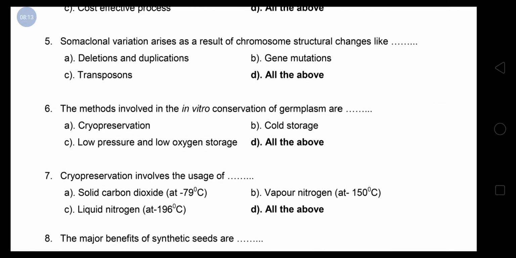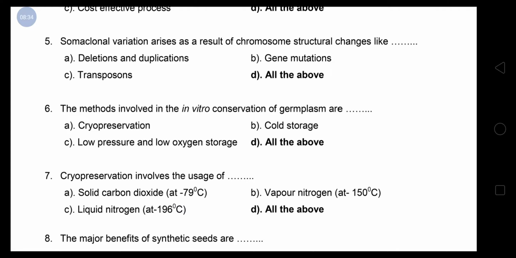Somaclonal variation arises as a result of chromosome structural changes like deletions and duplications, gene mutations, and transposons. Methods involved in the in vitro conservation of germplasm are cryopreservation, cold storage, and low pressure and low oxygen storage.